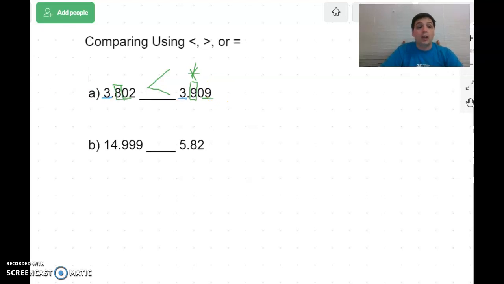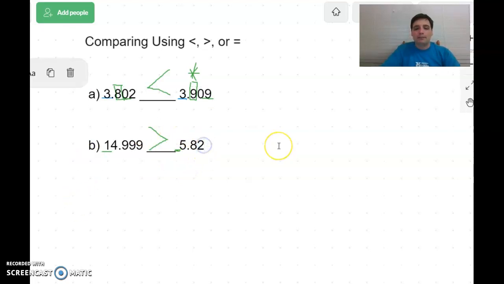When I have a problem like this, once again, I want to start in my biggest place value, which here is my tenths. Here I have 1/10, and here I don't have any tenths. So right there I can stop. I know my answer. 14 is bigger than 5. So I could say 14 and 999 thousandths is greater than 5 and 82 hundredths.